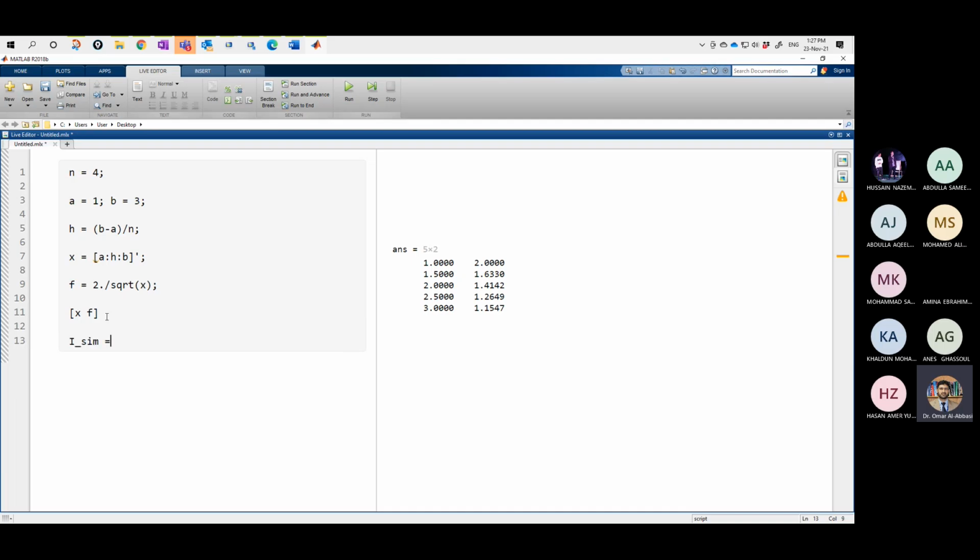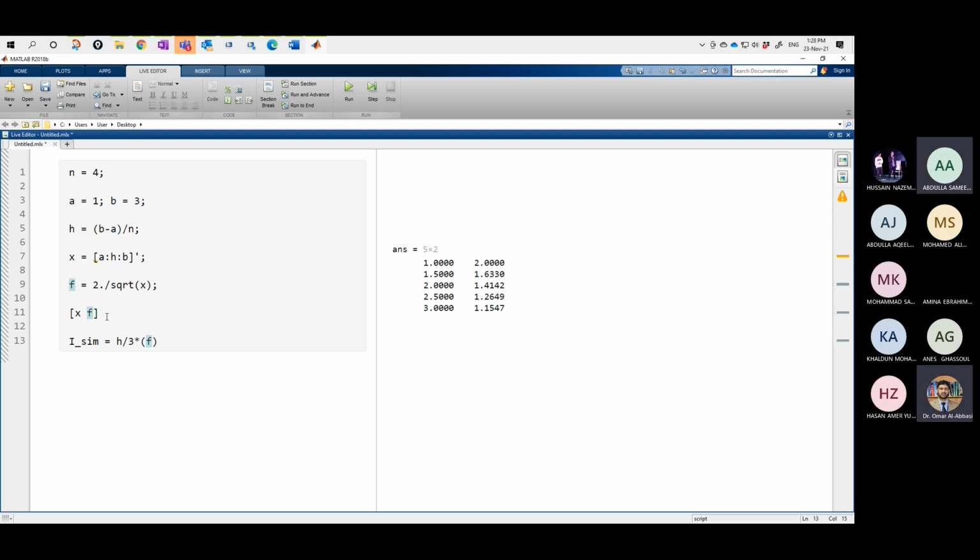Now, how can we find the value of the integration? Simpson's rule. What should it be? H over 3 times F of A, F1. Guys, this F, is it a function or is it a vector? Vector.